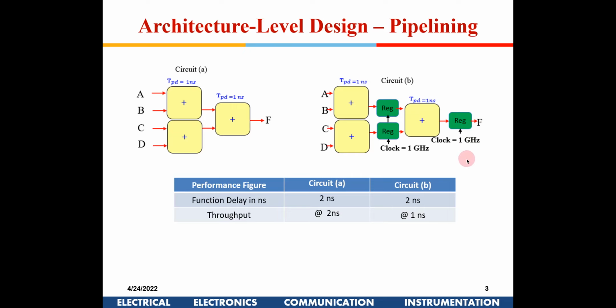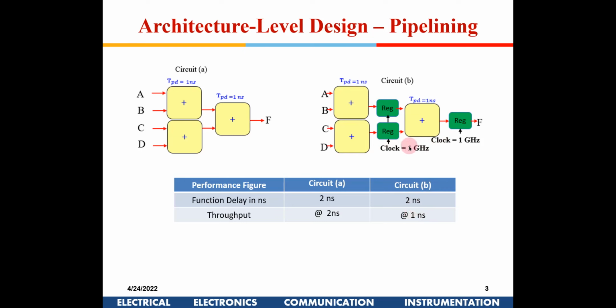So if you look at it the other way around, if you are targeting only power consumption, then by using these registers, I can maintain the throughput as 2 nanoseconds. In this design, if I use a 1 gigahertz clock, I will get a throughput of 1 nanosecond, right?